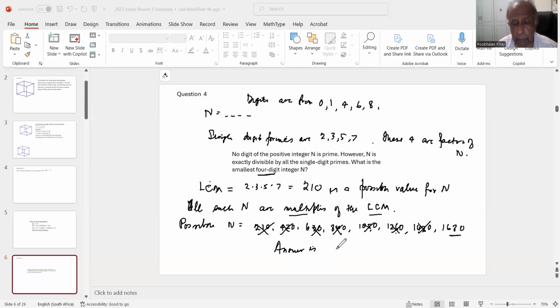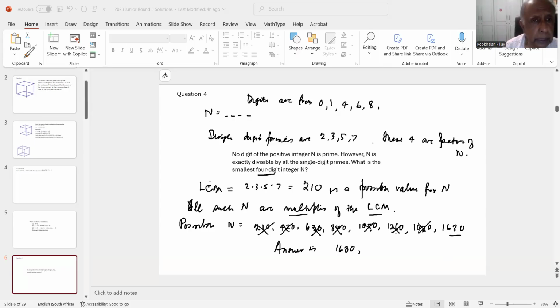That's the smallest, by the way, because the next one will be, yeah, this is 210 times 8. The next one will be 210 times 9. So this is the smallest 4-digit number, and so on. Okay, so that takes care of that problem.